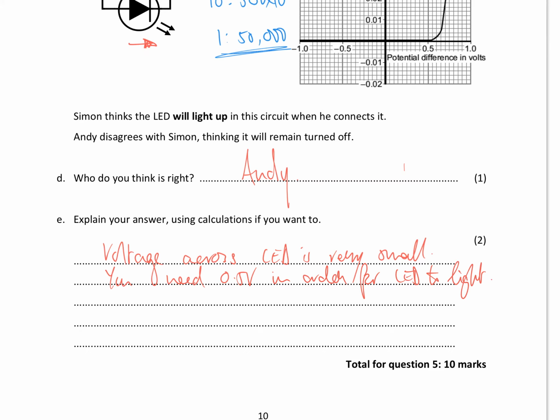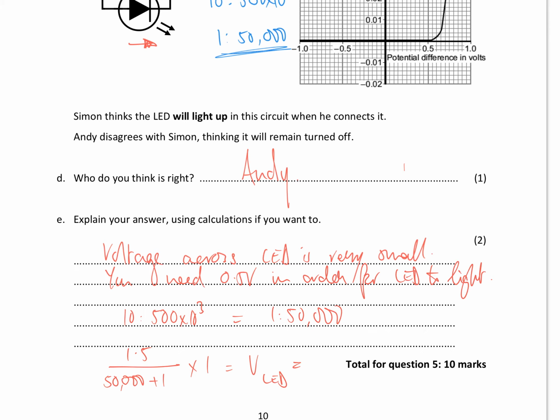Good. And if you wanted to do a calculation, you could say that 10 to 500 times 10 to the 3 is the same as 1 to 50,000. And so therefore 1.5 divided by the total, which is 50,000 plus 1, multiplied by 1 will give you the voltage across the LED, because it's a ratio.